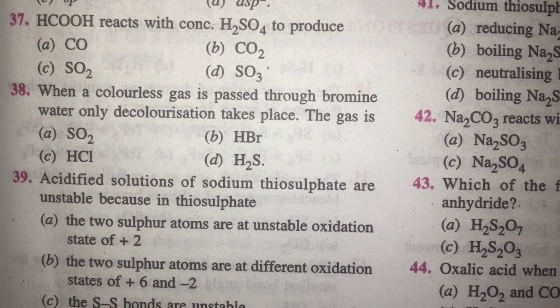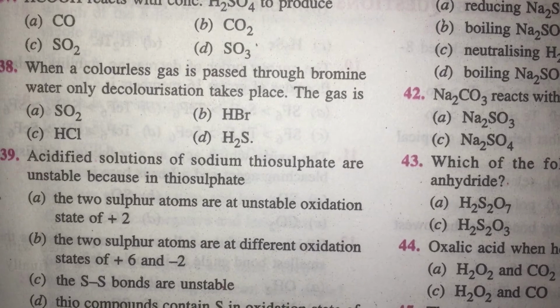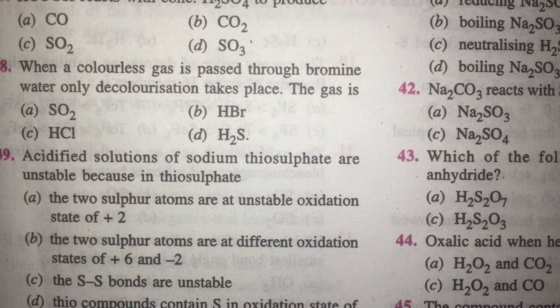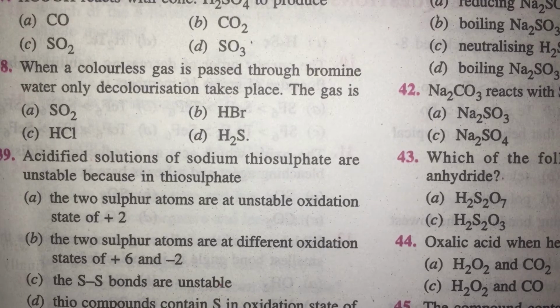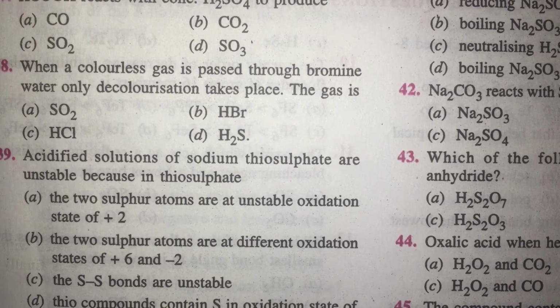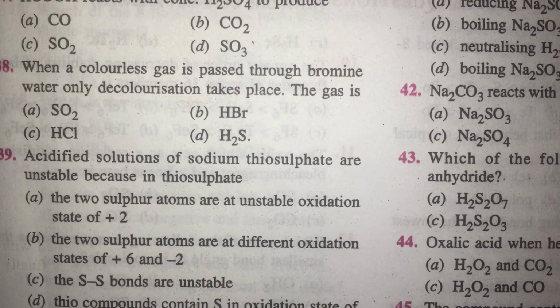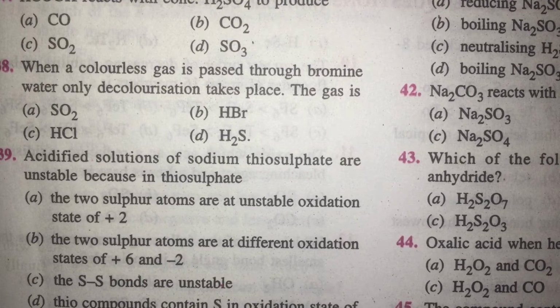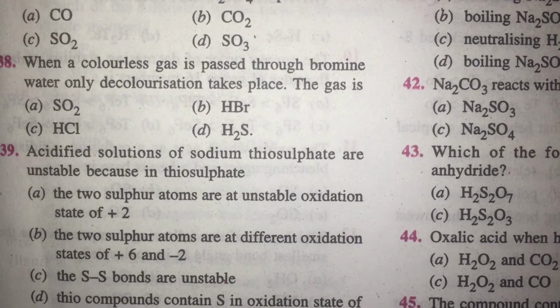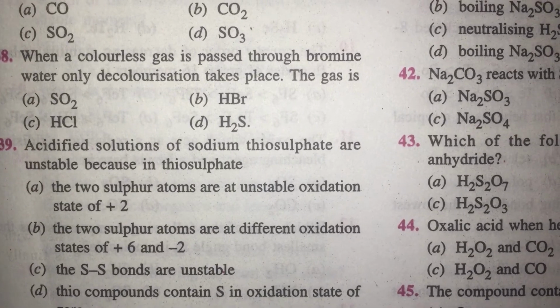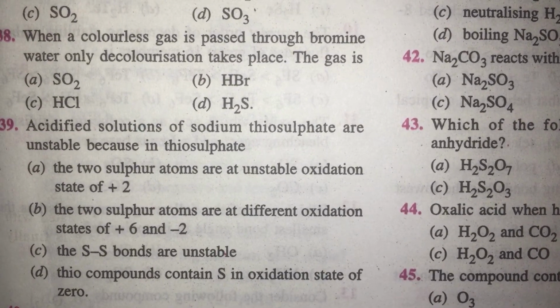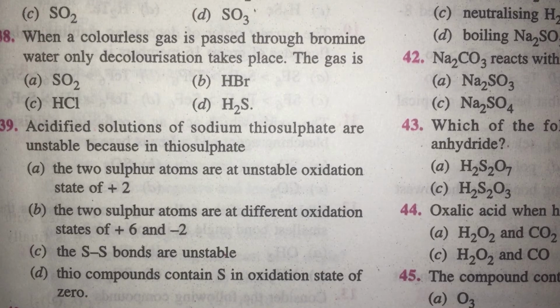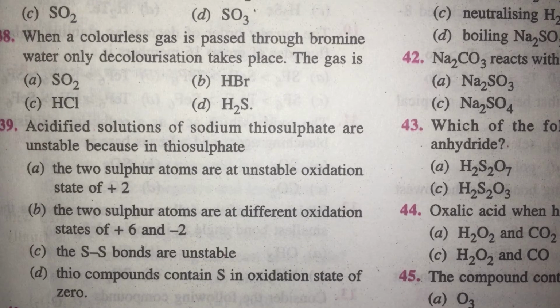The acidified solution of sodium thiosulfate is unstable because in the thiosulfate S2O3 2- ion, the sulfur is in two different oxidation states. One central sulfur is +6 and the terminal sulfur is -2. That is the reason why this compound is not very stable; it disproportionates.